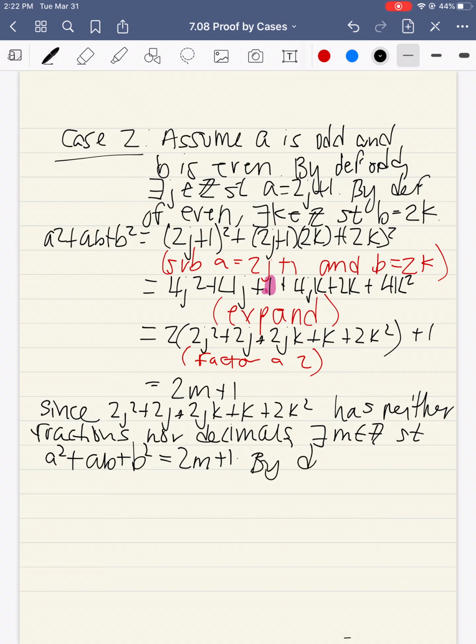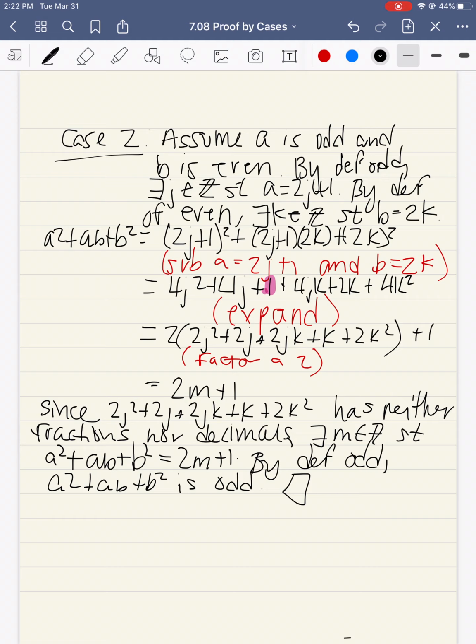So by our definition of odd, a squared plus ab plus b squared is odd.